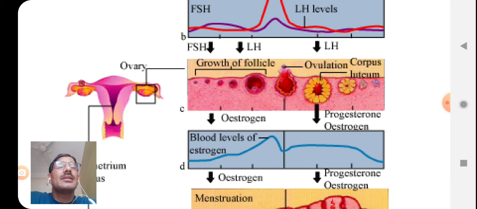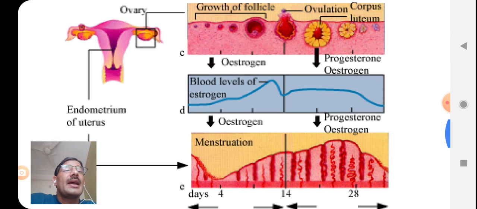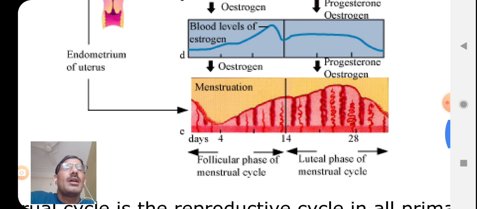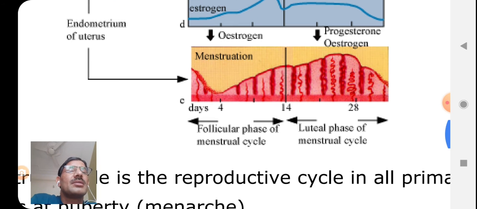FSH also causes release of the estrogen hormone, the female sex hormone, from the follicular cells. Estrogen and progesterone maintain the menstrual cycle. Estrogen prepares the endometrium, that is the proliferating stage, and high progesterone will maintain the endometrium after fertilization during the gestation period.